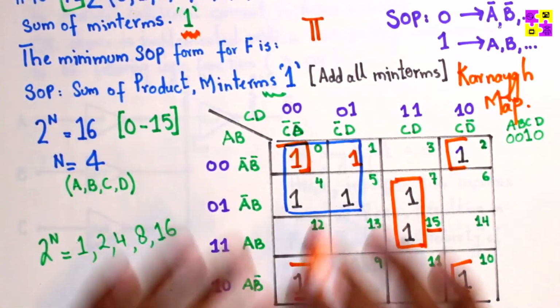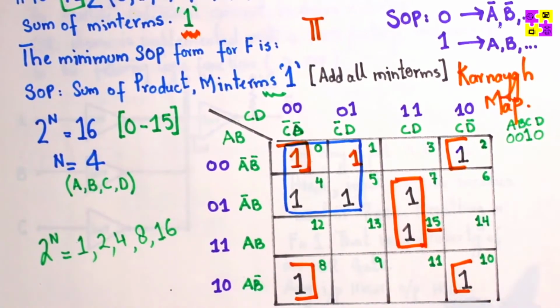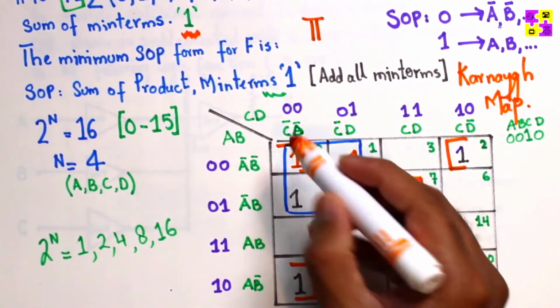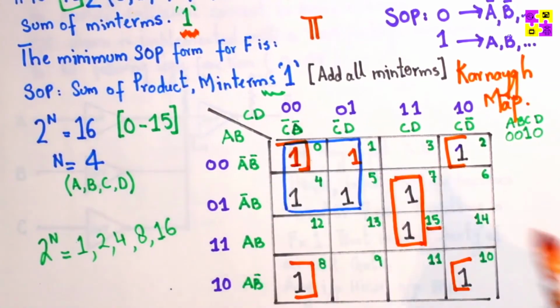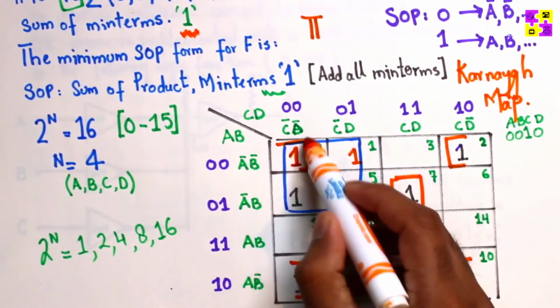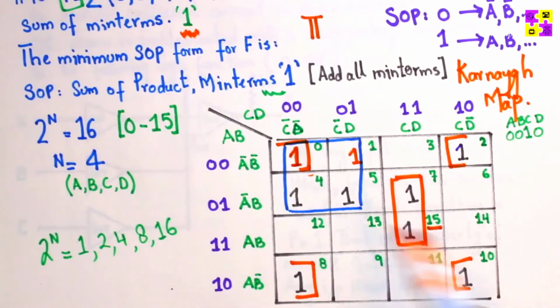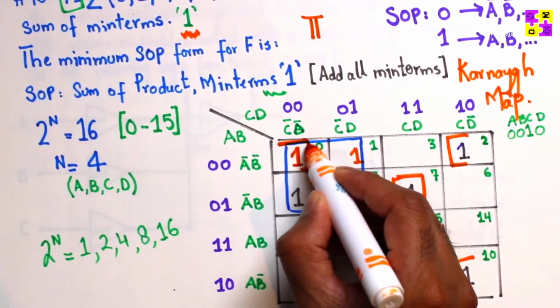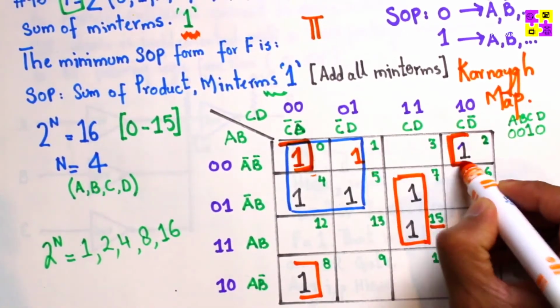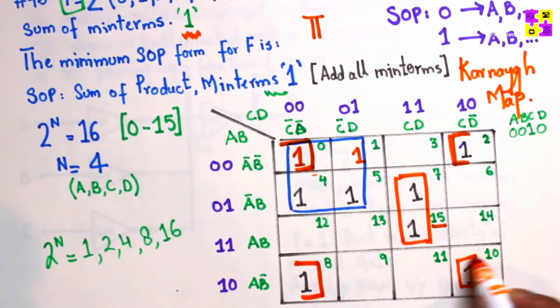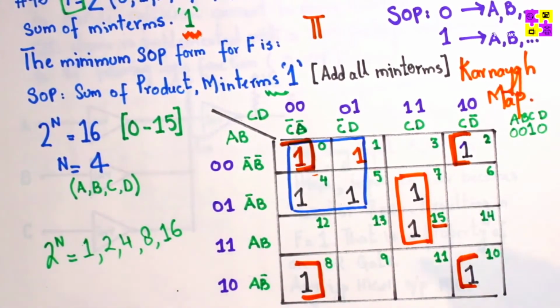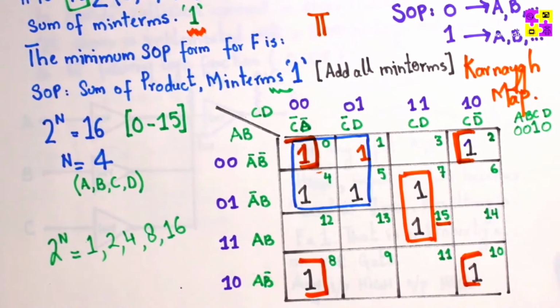Now, if you look at all the minterms, they have been covered by a rectangle at least once. There's one exception here. This one is covered by 2 rectangles, the one in orange and also the one in blue. And remember, the ones on the outer edges basically make a quad. It's a group of 4 bits.